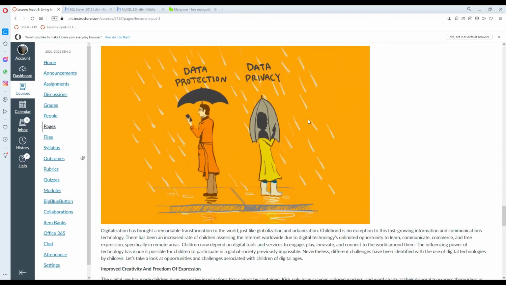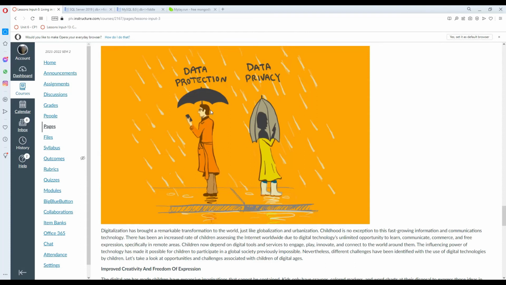So through here, we have the concept of data protection and data privacy. Now, these two are very different. Data protection is how you could protect your data while it is on the internet, and data privacy is how you could protect your particular identity when you are in the outside world.